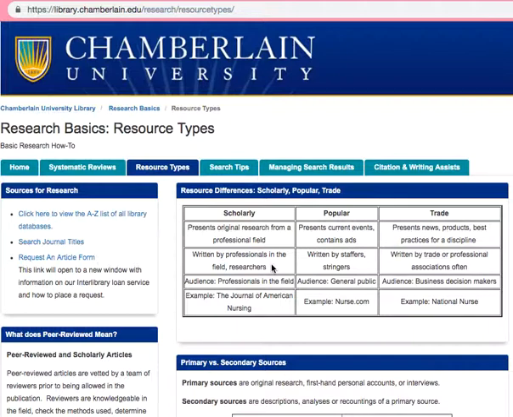The other exception is academic press. If something is published by an academic press, then you know that it's scholarly.